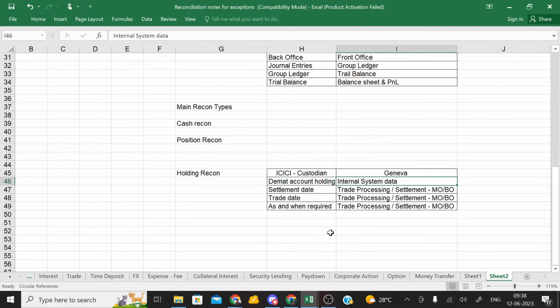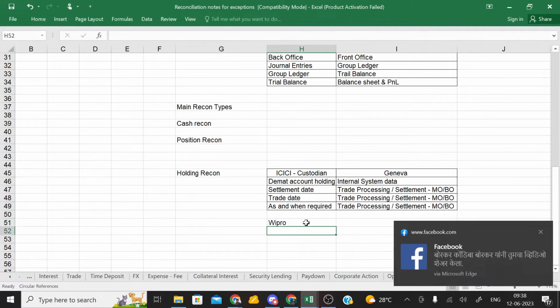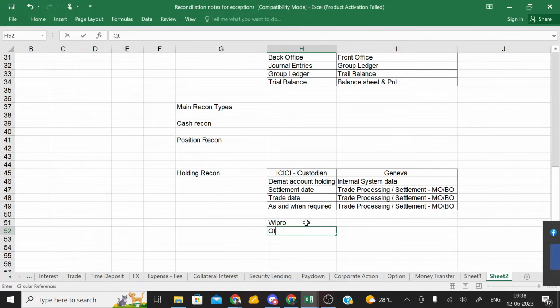For example, let's say in a demat account there is one security, Wipro. Quantity, let's say 400. Price 400.